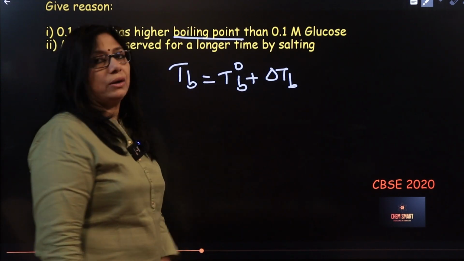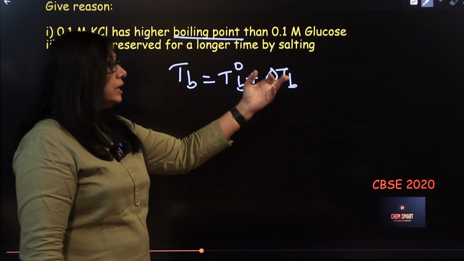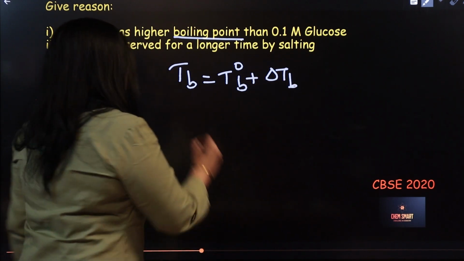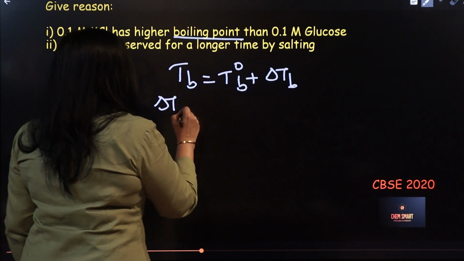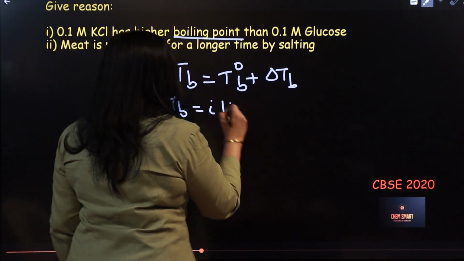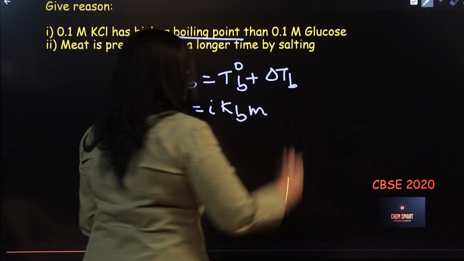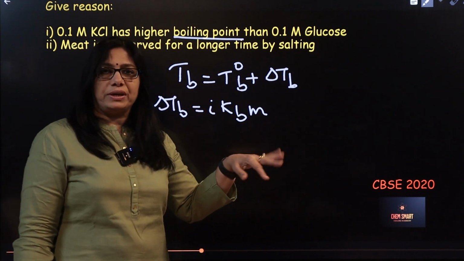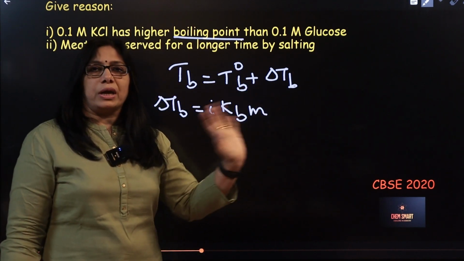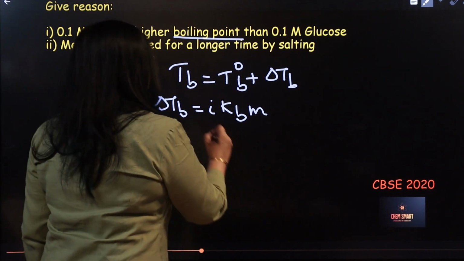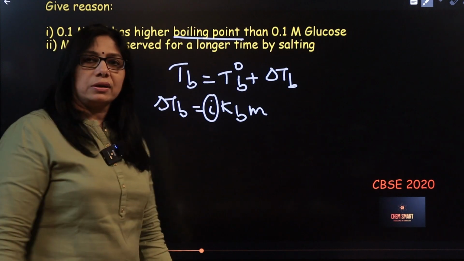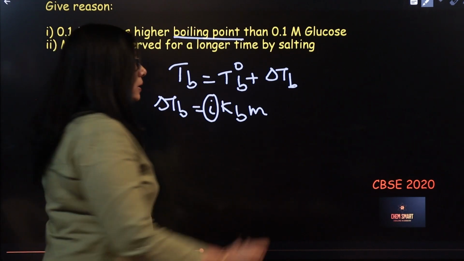So we just have to calculate delta Tb. Higher the delta Tb, higher will be the boiling point Tb. You know delta Tb is equal to i into Kb into m. For both solutions, Kb is the same as the solvent is the same, and concentration is the same, so m is also the same. Now we can say that it purely depends on the value of i.